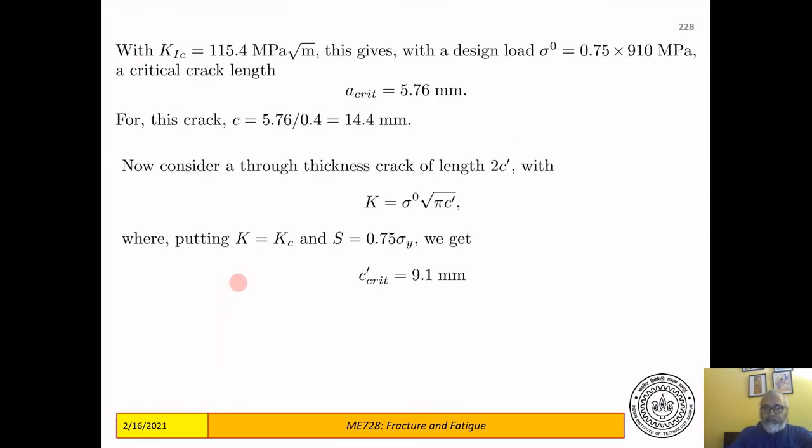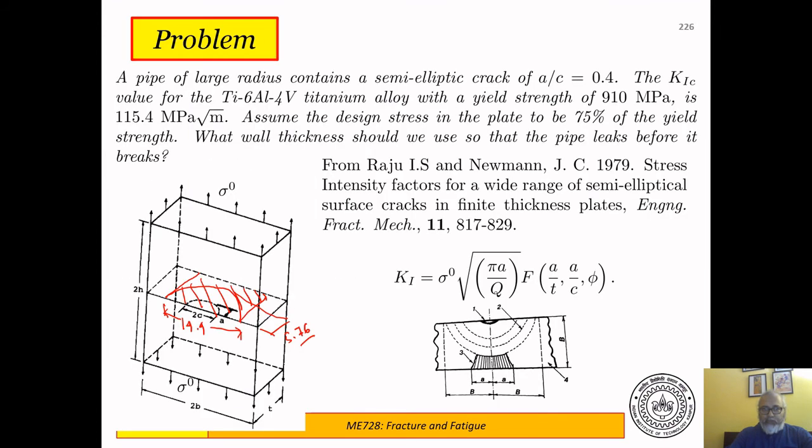Okay, c is 14.4, so this length is 28.8 millimeters. So when the crack width 2c is 28.8 millimeters, it has covered 80% of the thickness, which is similar to a crack which is through and has a constant length of 28.8 millimeters.